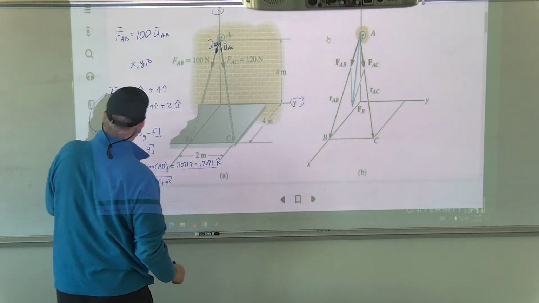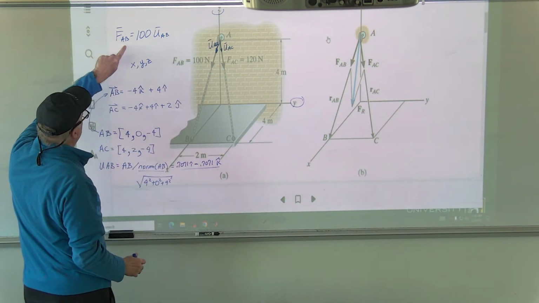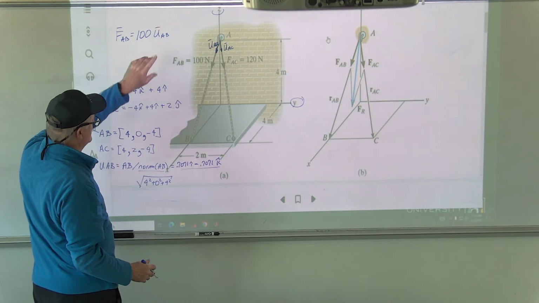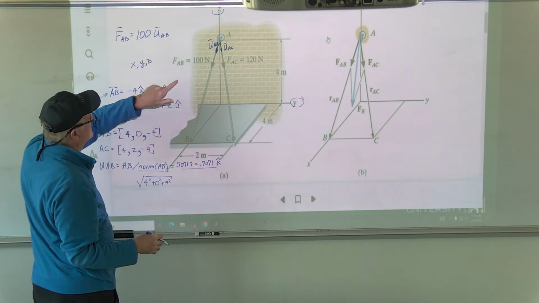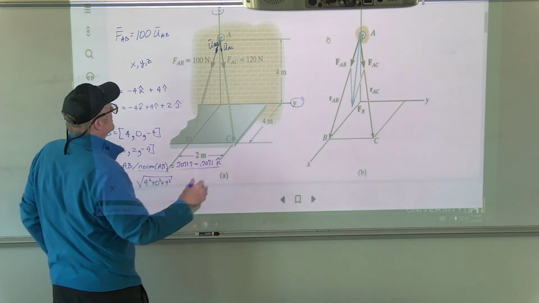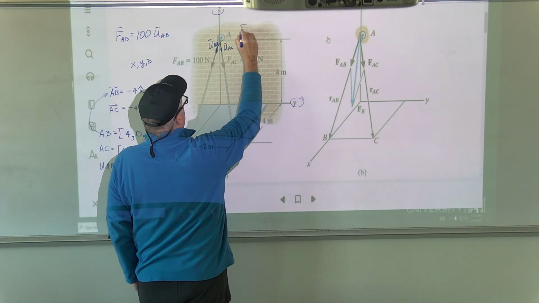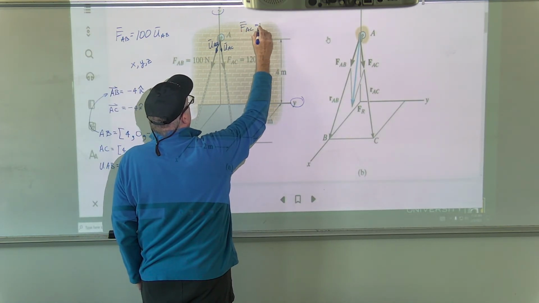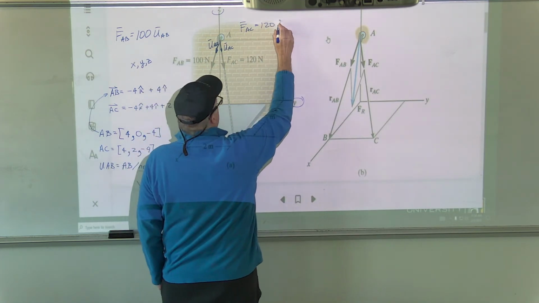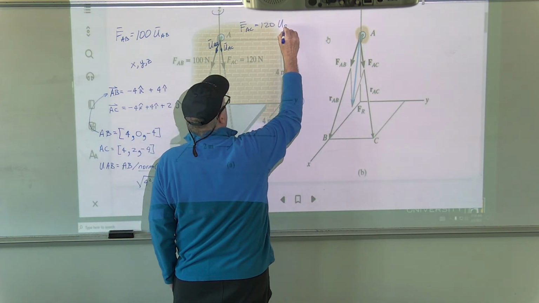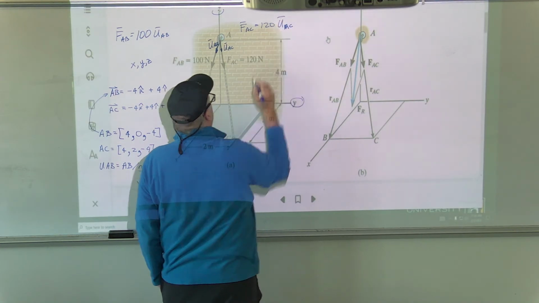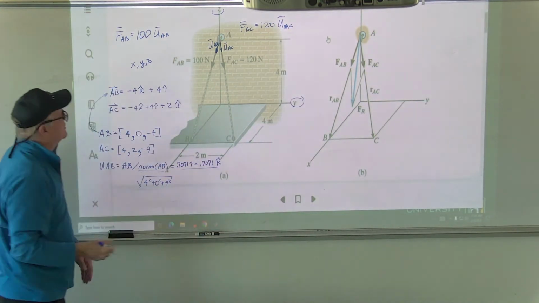And so if I want to know that FAB, I just multiply 100 times the UAB. Now what I'm going to do before that is find UAC. And what you're going to find here is that the vector FAC is going to be equal to 120 times the unit vector in the direction from A to C. So let me find the unit vector AC.